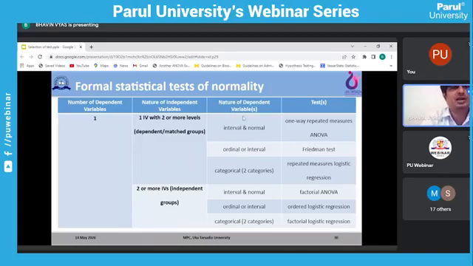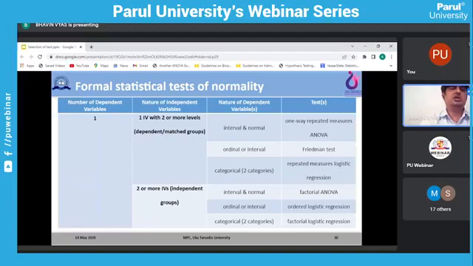If you have measured at continuous, interval level, and it is normally distributed, then the test you should select is one-way repeated measures ANOVA, which is a parametric test. The equivalent non-parametric test is known as the Friedman test, where your type of data is ordinal. For categorical data that is repeated measures, there is another test.